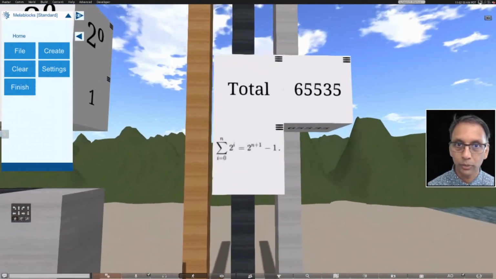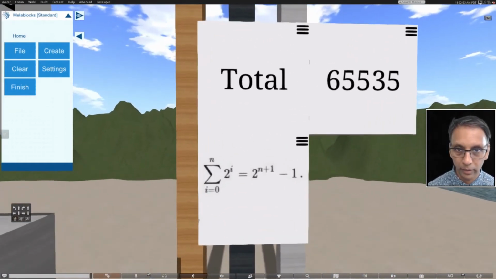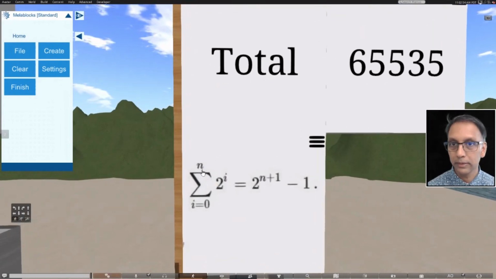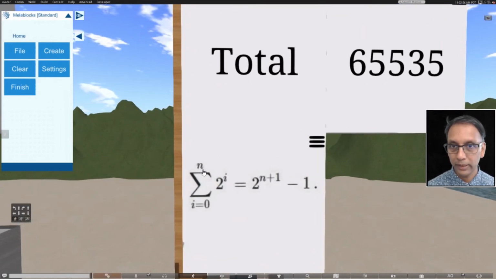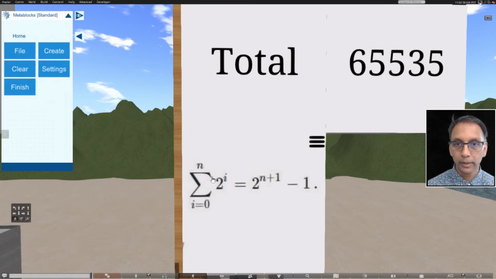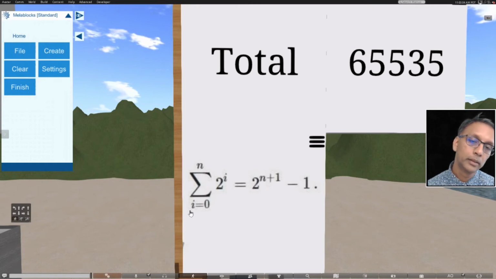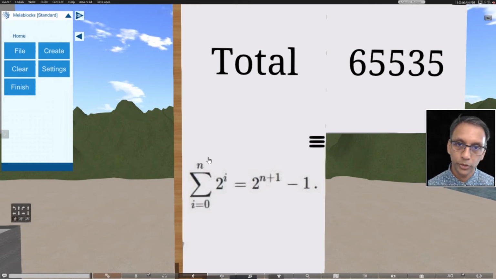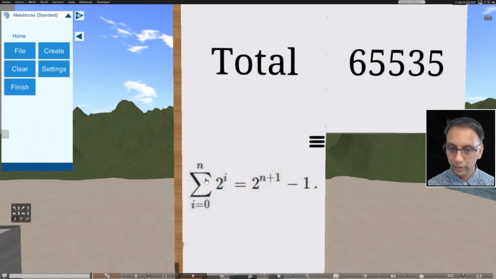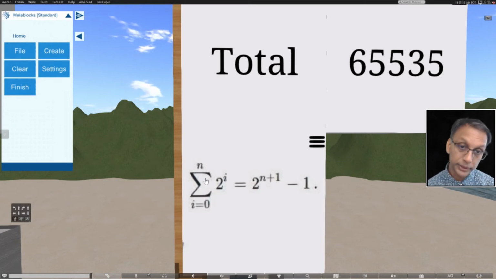So n is equal to 15. It's the sum of 2 to the power of i, for i ranging from 0 to 15, because of 16 squares. We start with 0, we end with 15.